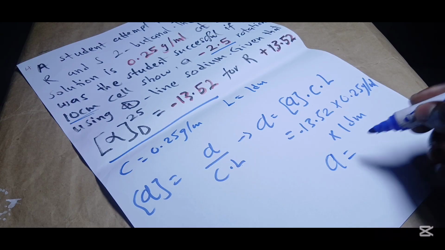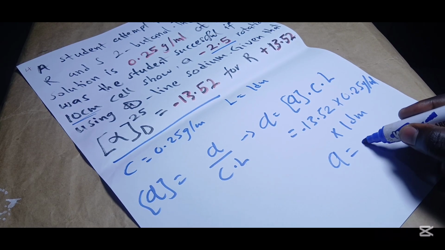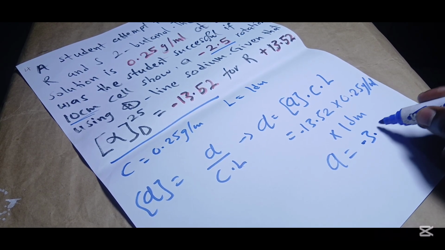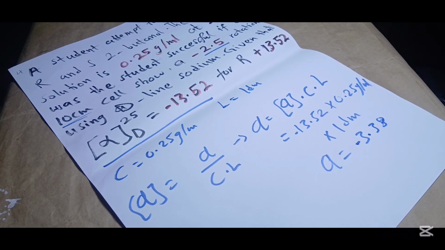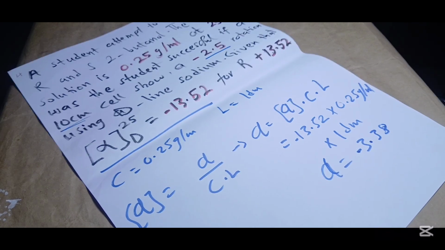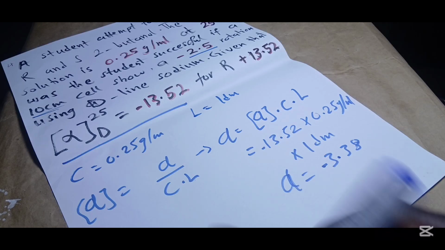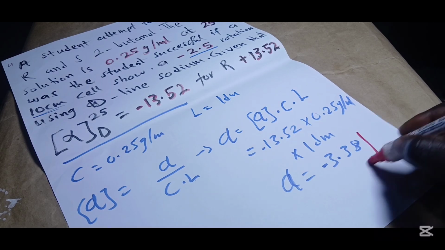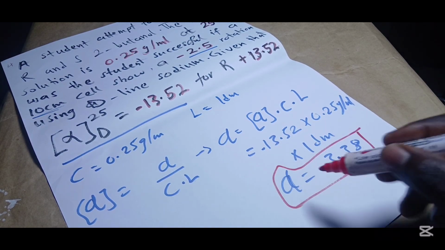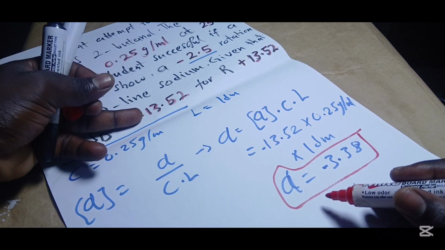So this is going to give us minus 3.38. This is the ideal observed rotation. The ideal observed rotation that will give you this specific rotation.